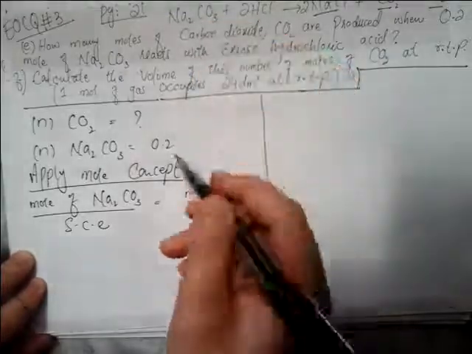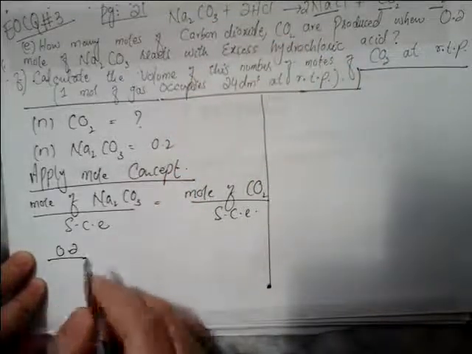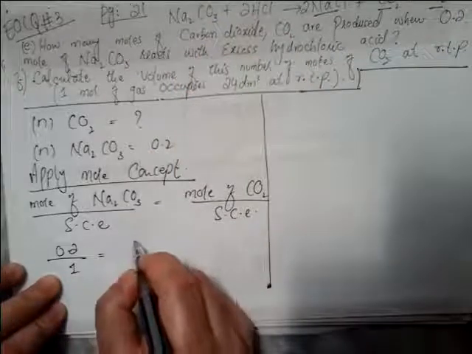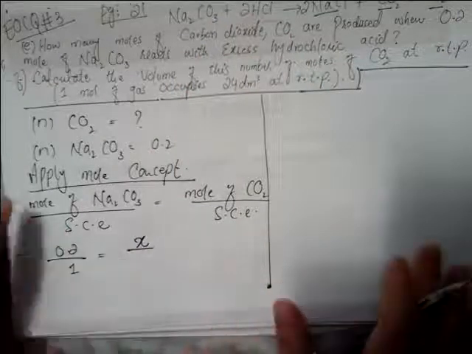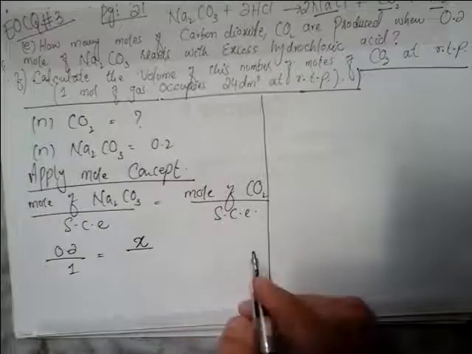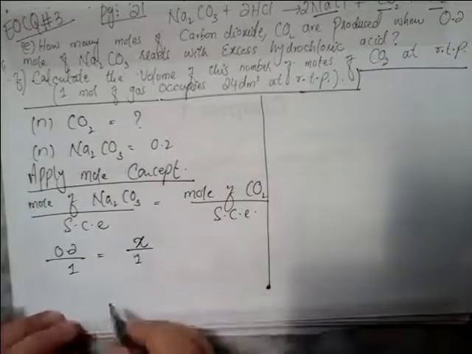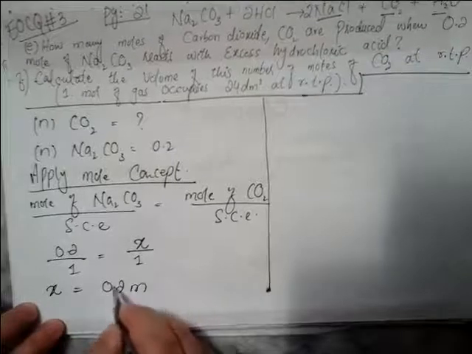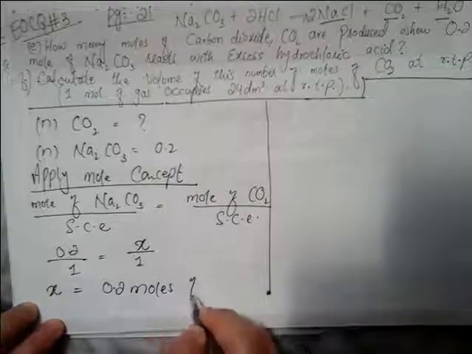So the moles of sodium carbonate is 0.2 divided by the stoichiometric coefficient 1, and the moles of carbon dioxide, asked in the question, we will put as x, and its coefficient is also 1. So x is equal to 0.2 moles of carbon dioxide.